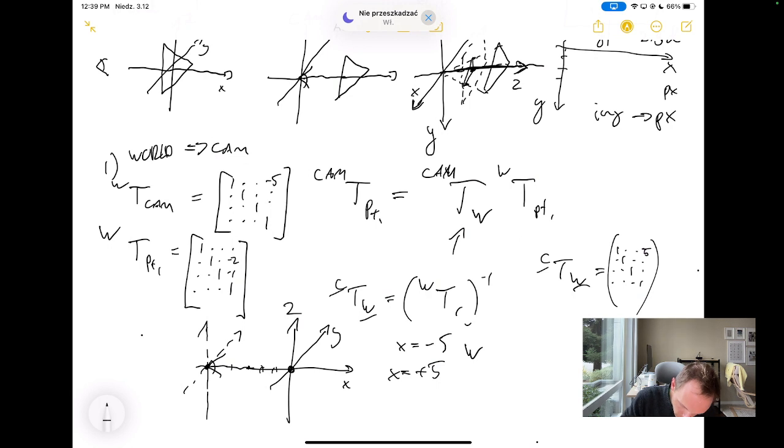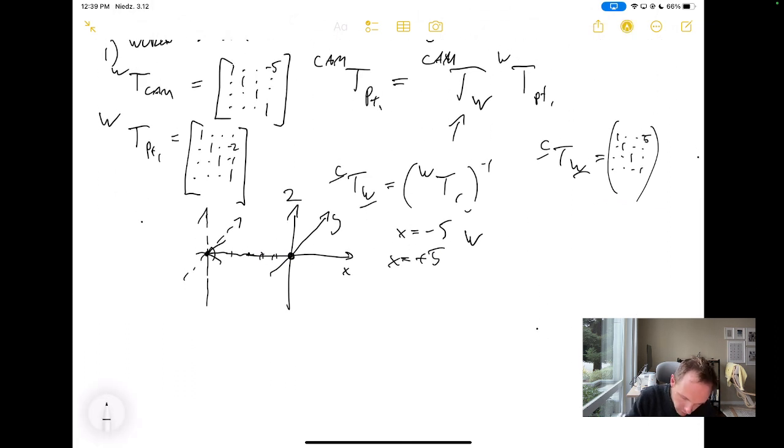Sorry. I can come back to this and just use this equation. The position of the point in the camera frame is this matrix, which is the position of the world in camera frame, which we could call the camera transformation matrix, or camera extrinsic matrix, times the position of the point in world.